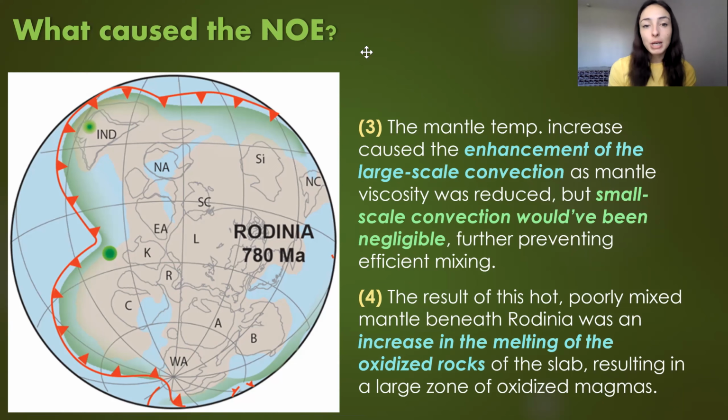And the result of this was hot, poorly mixed mantle beneath the supercontinent and an increase of the melting of oxidized rocks in the subducting slabs, resulting in a large zone of oxidized magma, such as shown here in this green band around Rodinia, showing the subduction zones.